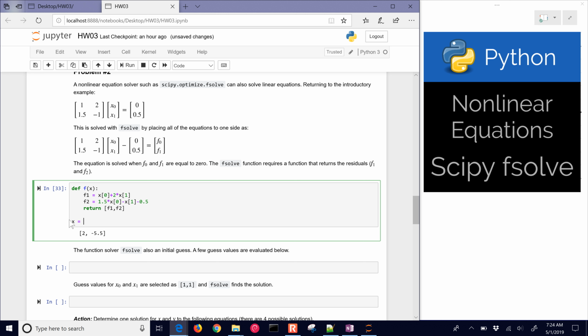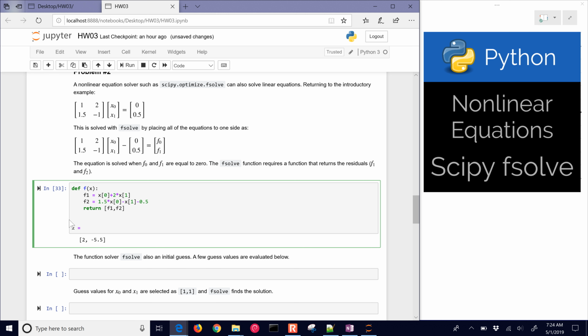But if I use fsolve instead, I just need to first import that from SciPy. So from scipy.optimize, I'm going to import fsolve, and then I can use fsolve with f, and I have to give it an initial guess.